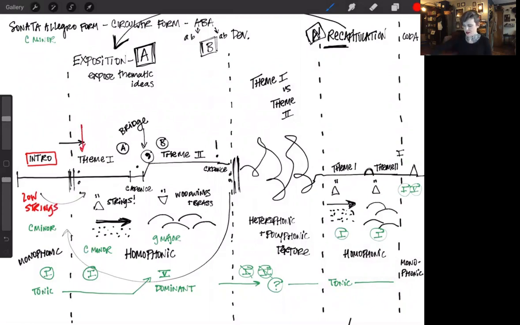In this case, we're hearing a woodwind solo with a string accompaniment. Which happens to be, again, the horn.